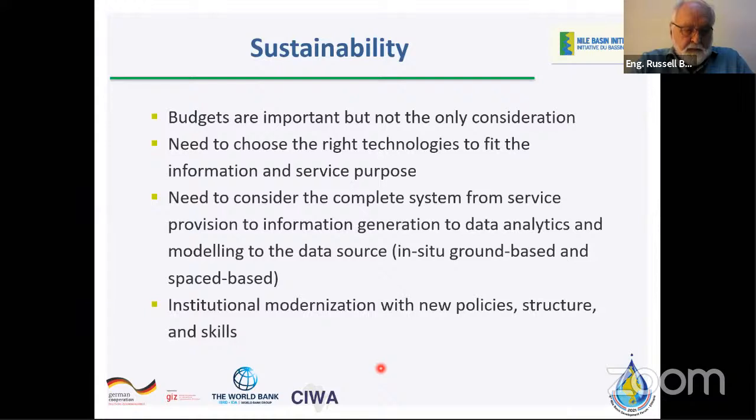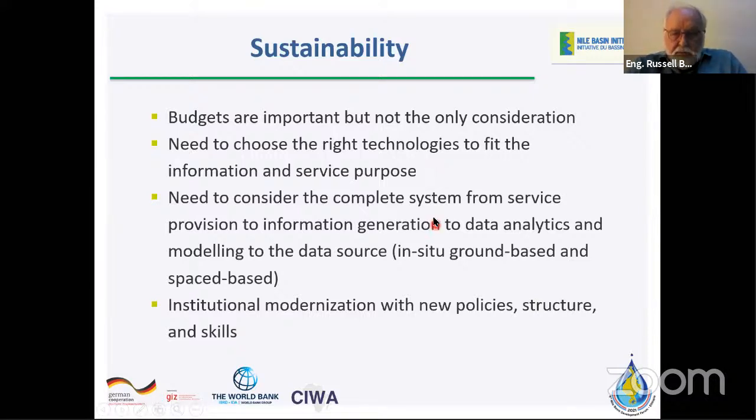From a sustainability perspective, I think you've seen throughout the presentation some various hints at this. Certainly budgets are important, but they're not the only consideration. We talked about fit for purpose, so we have to choose the right technologies to fit the information and service purpose that our mandate provides with what we're trying to accomplish.